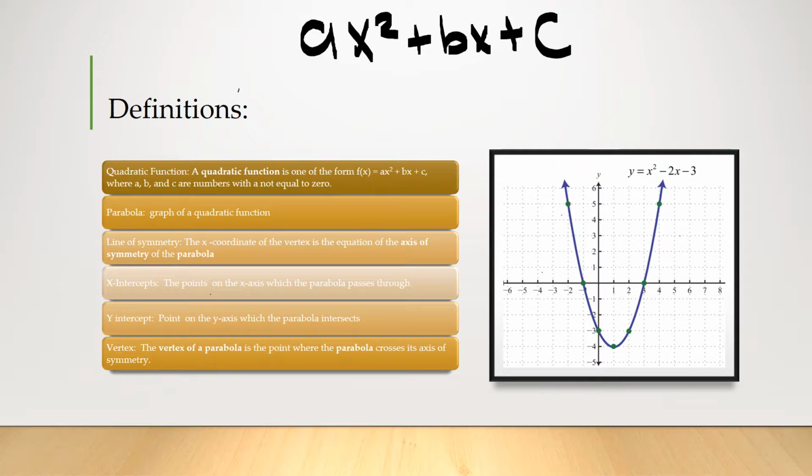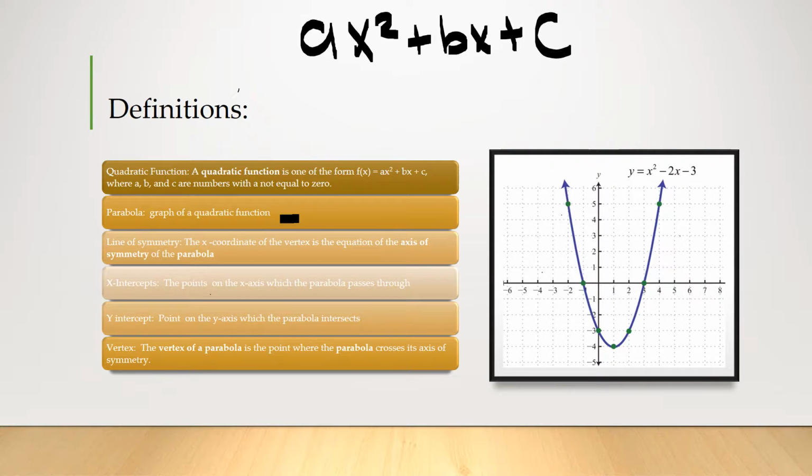Any function, equation, or formula that can be translated into this form is going to produce a parabola, which is simply the graph of the quadratic function.